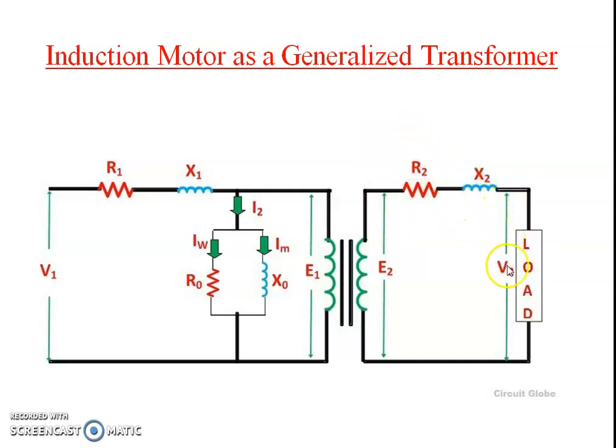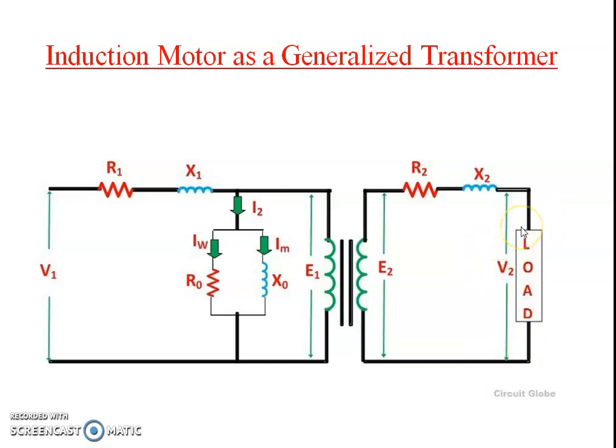And this V2 is nothing but the terminal voltage across the load, or a load terminal voltage, because इथे जे E2 आहे इंड्यूस्ड EMF हे डिफरंट आहे, आणि V2 हे वेगळं आहे. म्हणजे इथं जे काही व्होल्टेज मला मिळणार आहे, it is the voltage which is available across the load of the transformer, which we call the load voltage.